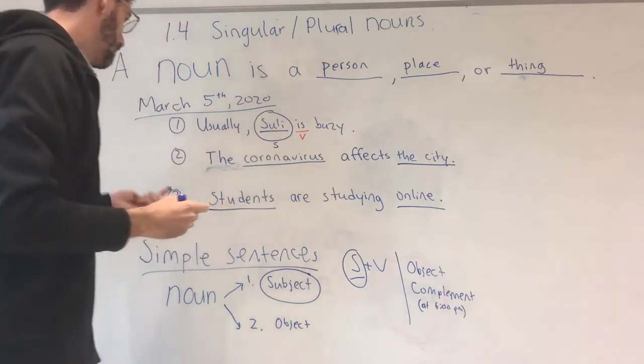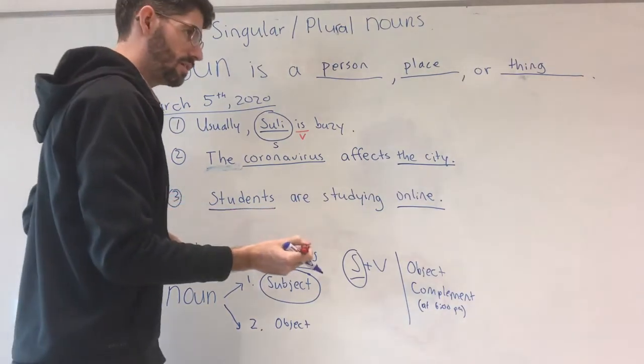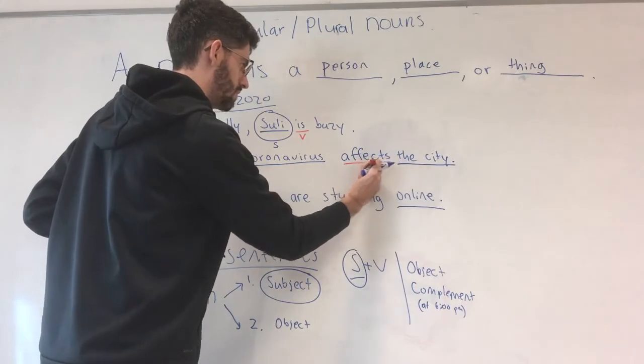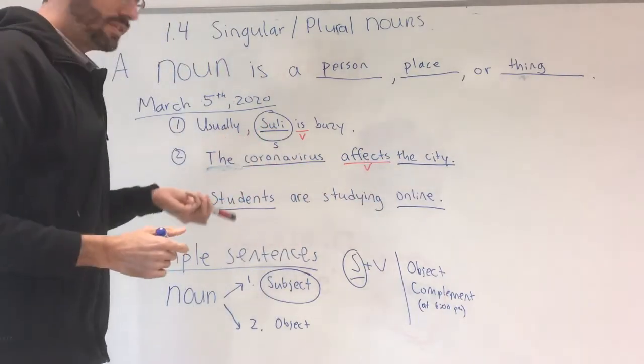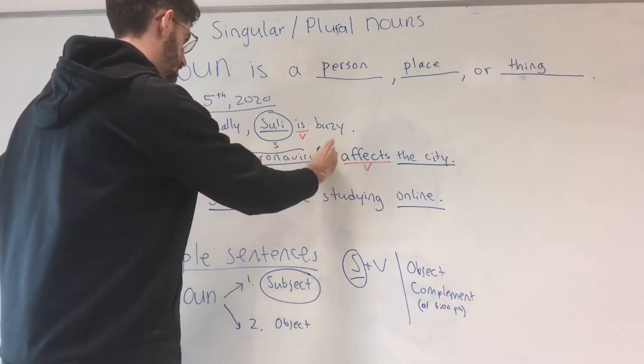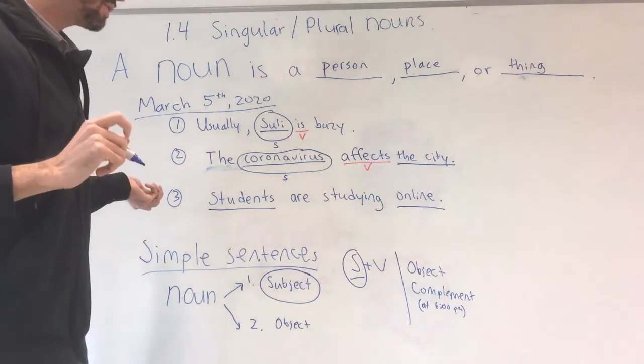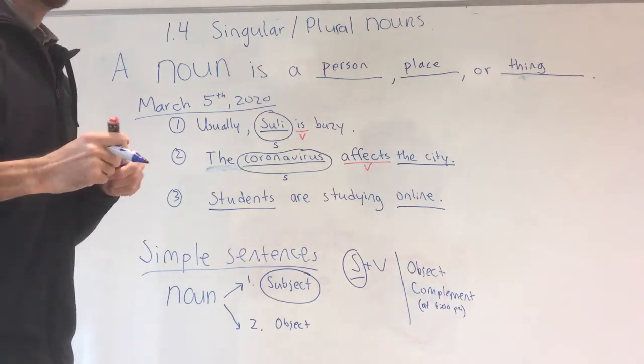All right. What about number 2? What's the verb? The coronavirus affects the city. The verb is affects. Good. What's the subject? Coronavirus. Okay. Number 3, students are studying online. What's the verb?